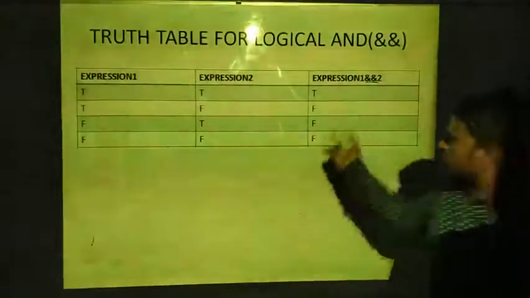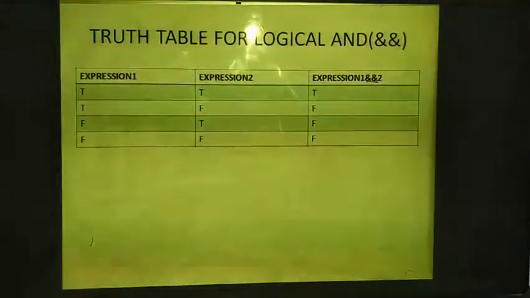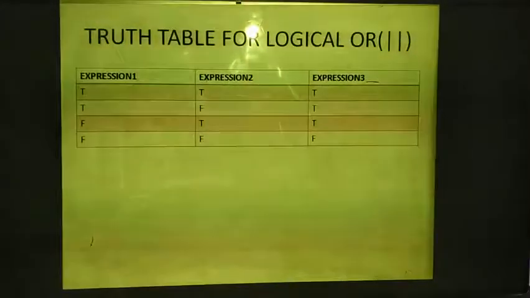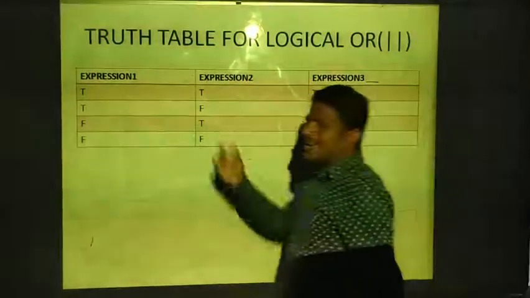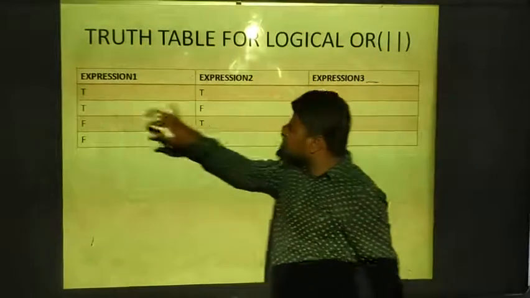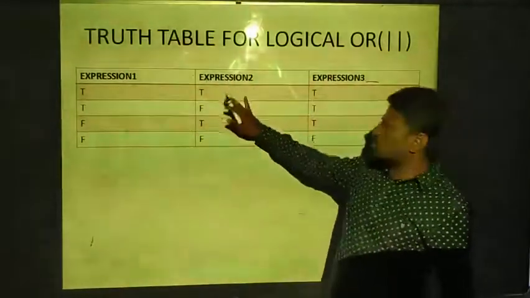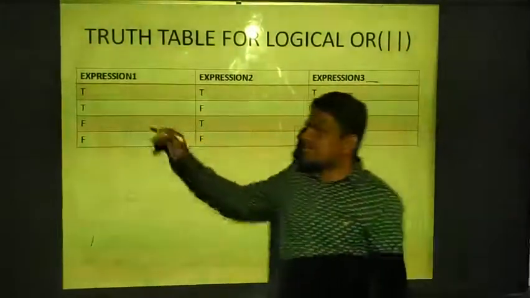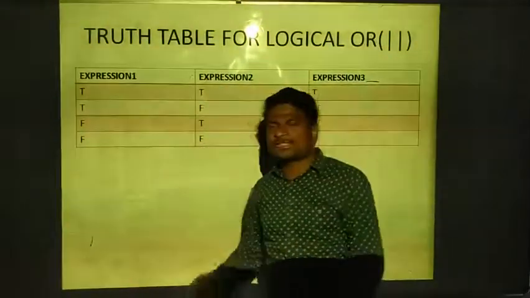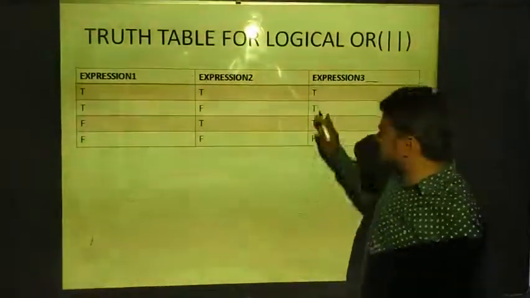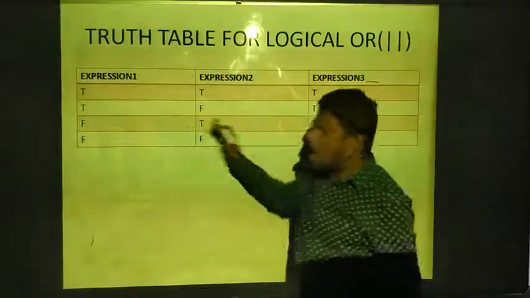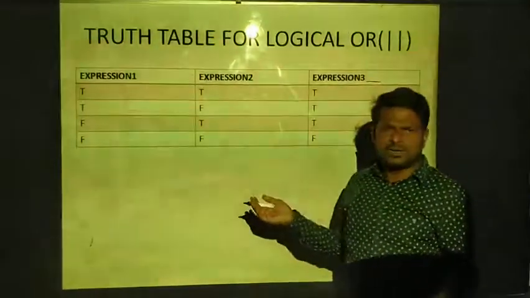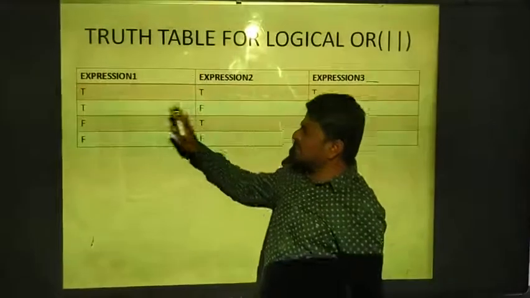Now, let us see the truth table for logical or. If expression 1 is true and expression 2 is true, the resultant expression will be true. If expression 1 is true and expression 2 is false, the result is true, because or means either one expression can be true.